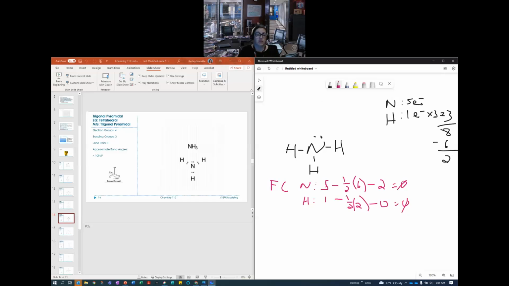So this is similar to what we looked at for the last one. We have 4 things surrounding that nitrogen, but instead of having 4 of them be bonding, we've changed one of them to non-bonding. So what that means is that my electron pair geometry is still tetrahedral because I still have 4 things that I need to deal with.